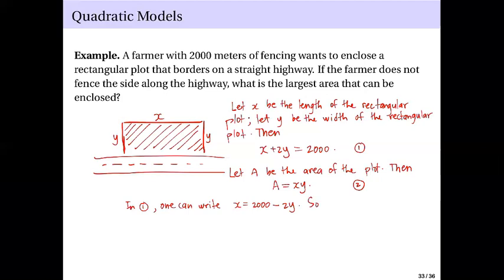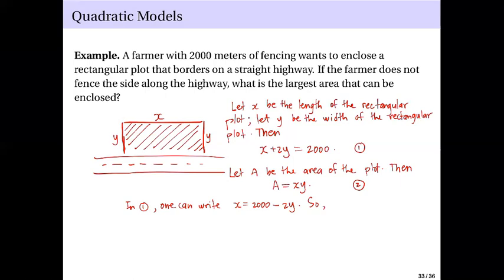So, since we can write x equals 2,000 minus 2y, we can now write A as a function of only one variable. We replace the x here by this 2,000 minus 2y. Okay? And therefore, you will have something in y times y. So your A is just in terms of one variable. Okay?